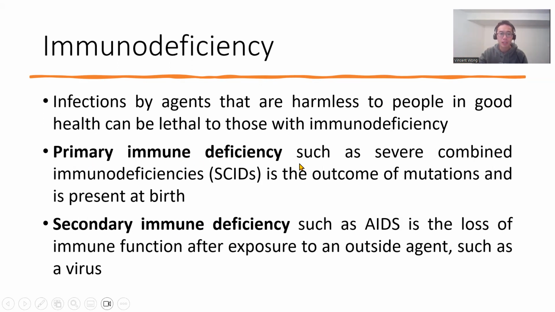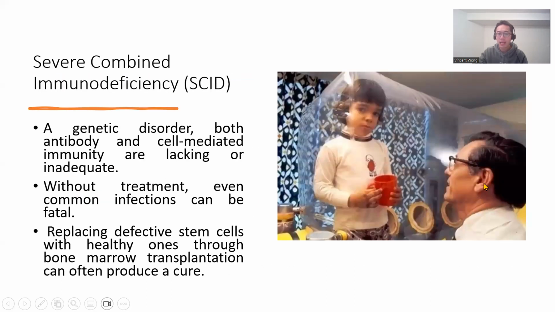Primary immunodeficiency is something that a person is born with because of a genetic mutation. And one that I usually tell the class about is this thing called SCID, severe combined immunodeficiency. Anybody heard of the story of the bubble boy by chance?